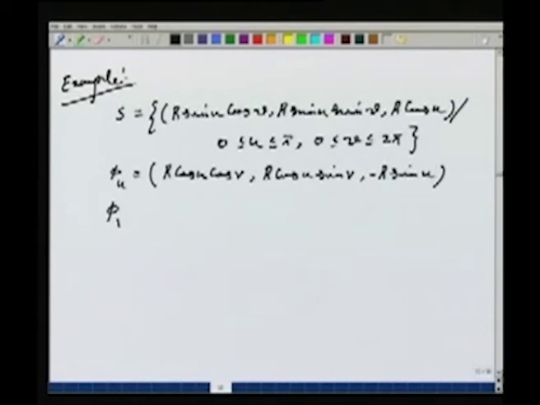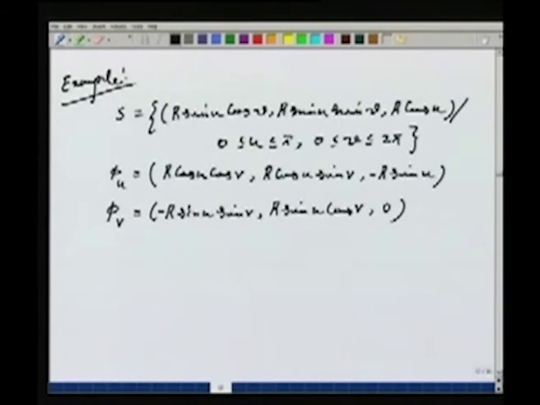Then I want to calculate what is phi v, that is minus r sin u sin v, r sin u cos v, then 0.